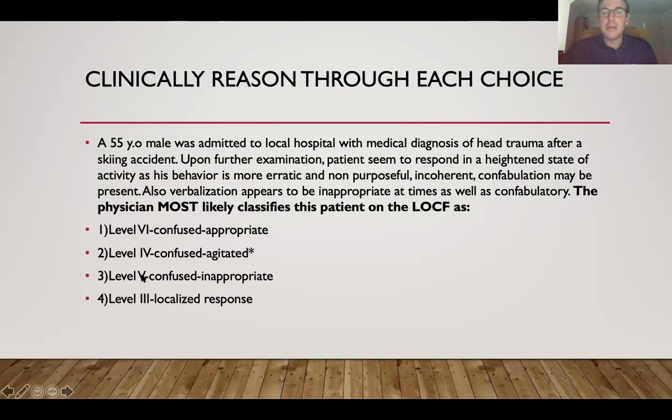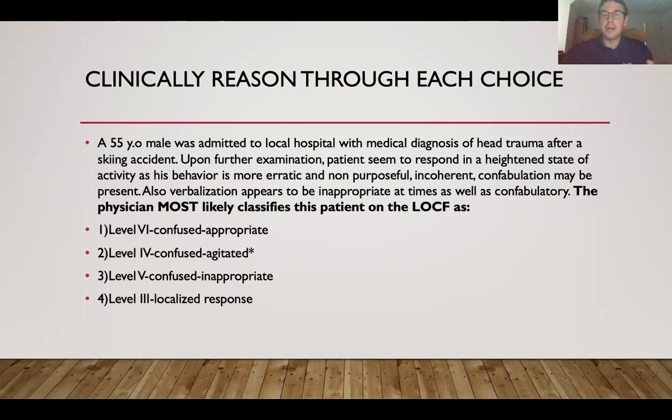Option 3, level 5, patient's confused, inappropriate. Notice the difference: inappropriate and agitated. In level 5, the patient is non-agitated. However, they're inappropriate, presented with some signs of confabulation and incoherency. So we can safely mark out option 3. Option 4, level 3, localized response.